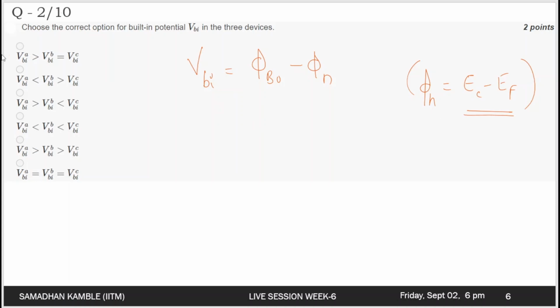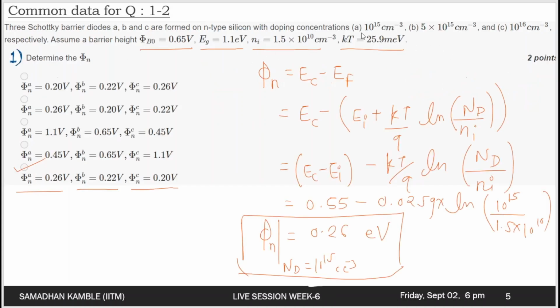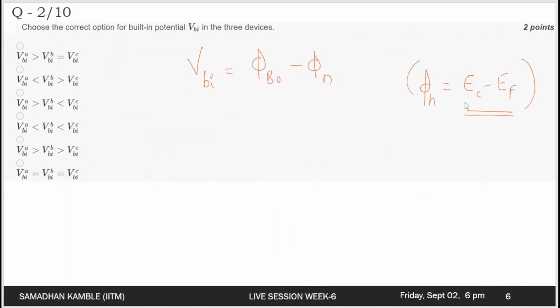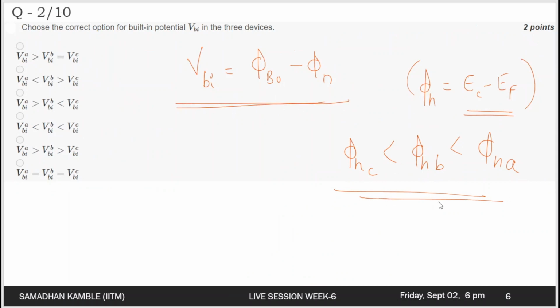As we can see in the problem, the concentration is being increased, so the value of phi n is going to decrease. So phi n for C will be less than phi n for B, which will be less than phi n for A. Given all this information, can anyone tell me what should be the answer for this question, based on this equation and on the order of phi n for these three cases?